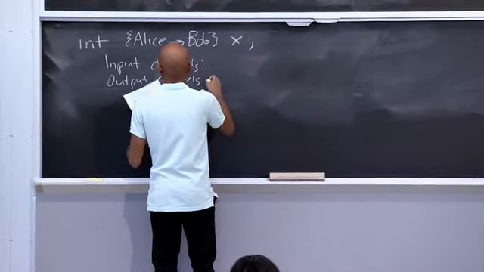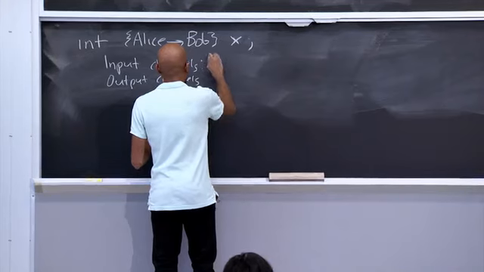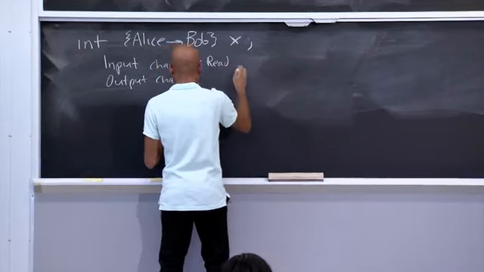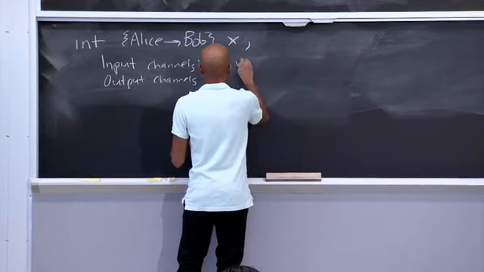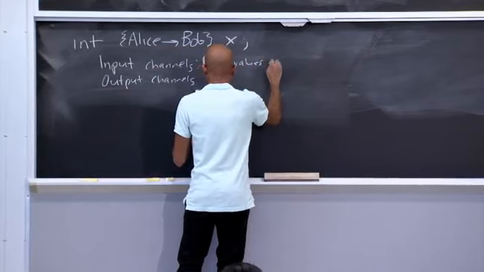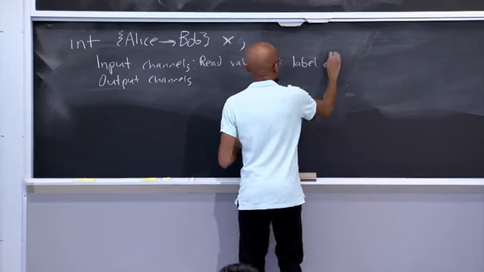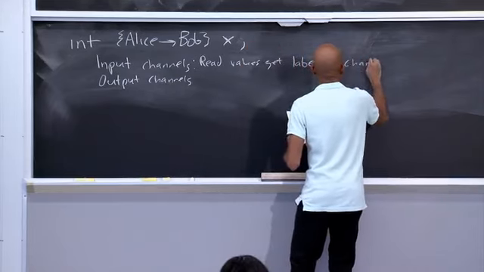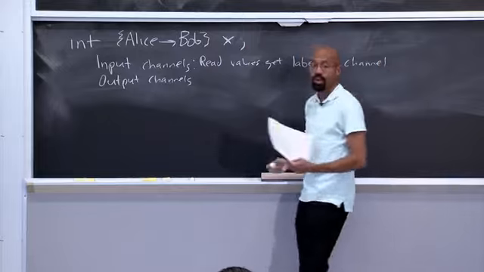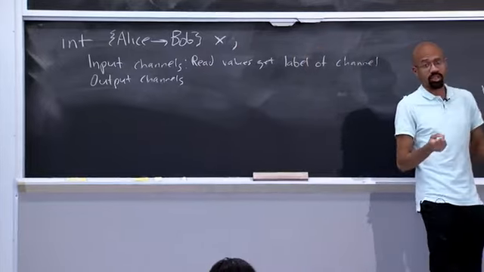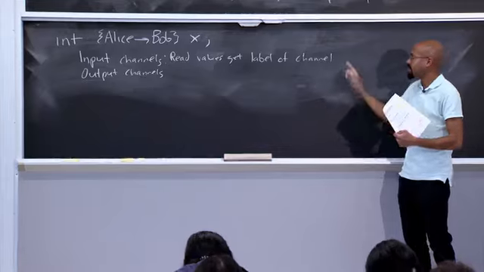So maybe for input channels, the red values get the label of the channel. That's very similar to how TaintDroid works right now. For example, if you read something from the GPS, that red value gets the taint of the GPS channel.